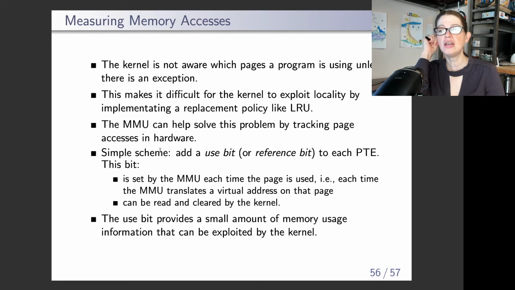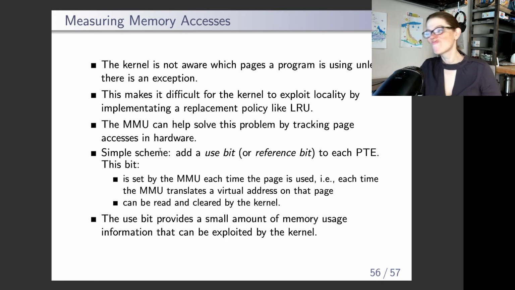The kernel could keep track of it, but the kernel doesn't know about every successful address translation. It only knows about the ones that weren't successful. So we don't have a way to keep track of who was recently used and who was least recently used. That doesn't really work.